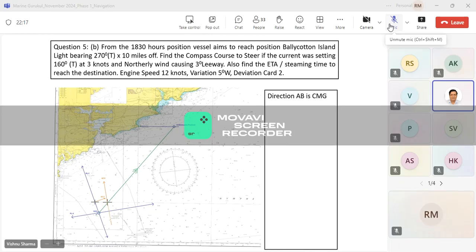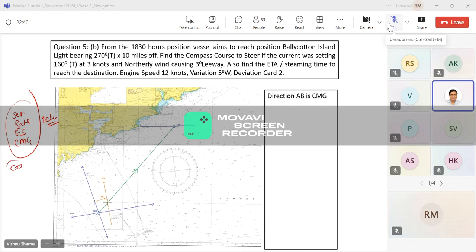What all do we know? We know set, we know rate, we know engine speed, and now we have got CMG. CMG definitely can be used. So now we have the 4 elements. And once 4 elements are there, can the triangle be completed? Yes, correct.